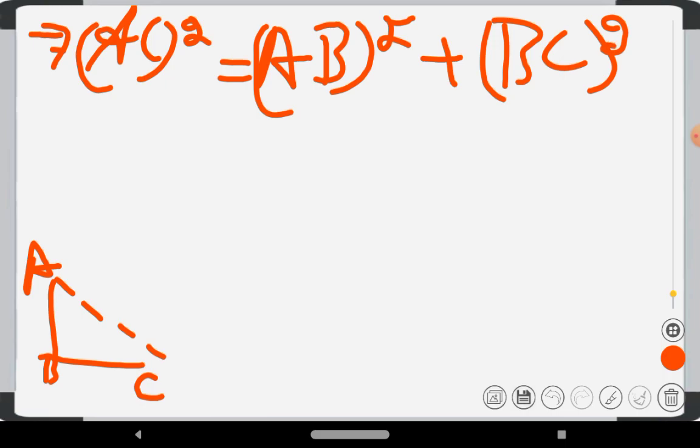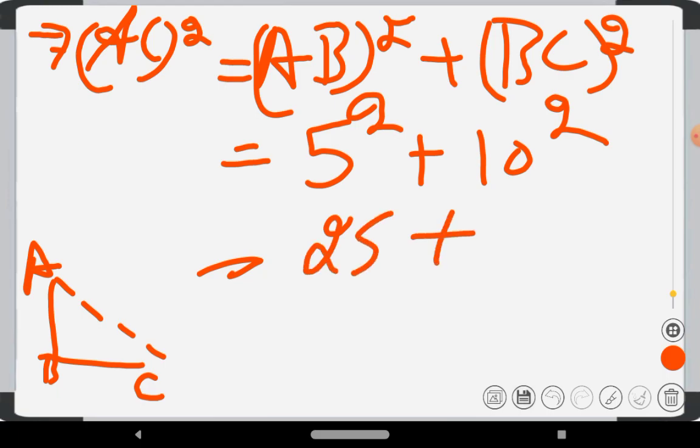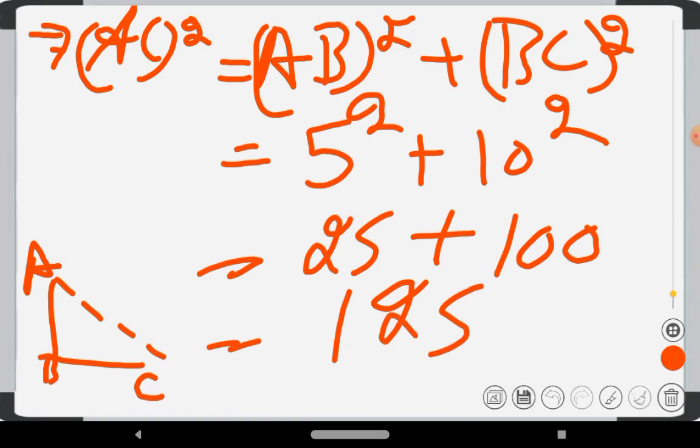Let's take an example, 5 and 10. We will square them, and it will turn out to be 25 plus 100, which is 125, and we will take the square root of it. After taking the square root we will get the answer. The answer will be our displacement.